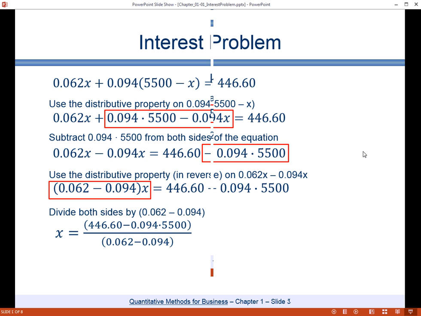So if I divide both sides of the equation, I get this piece over here divided by 0.062 minus 0.094. So that's my value. I plug that into my calculator and it'll tell me what x is equal to.